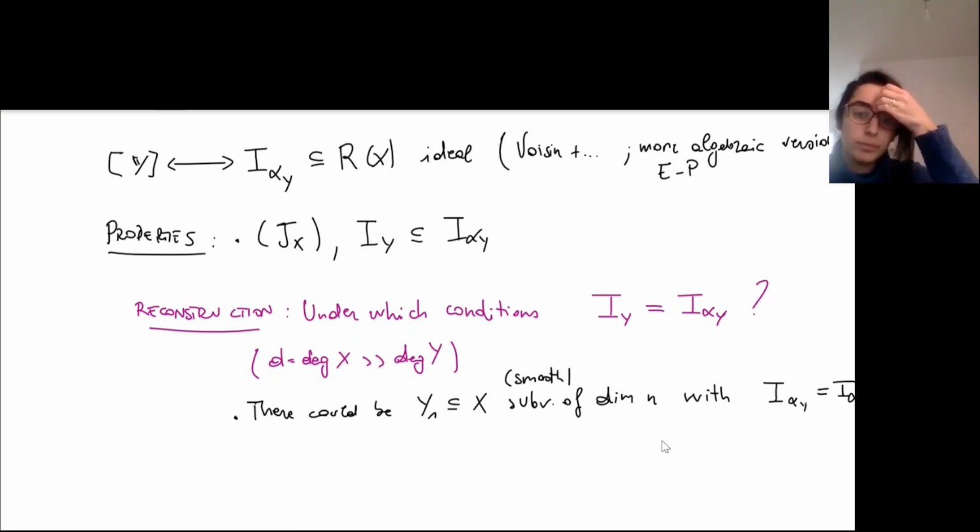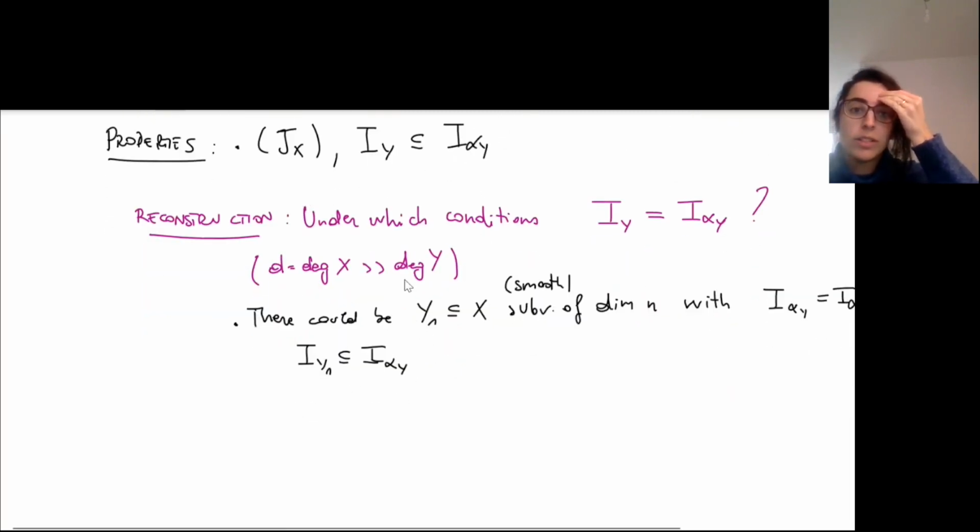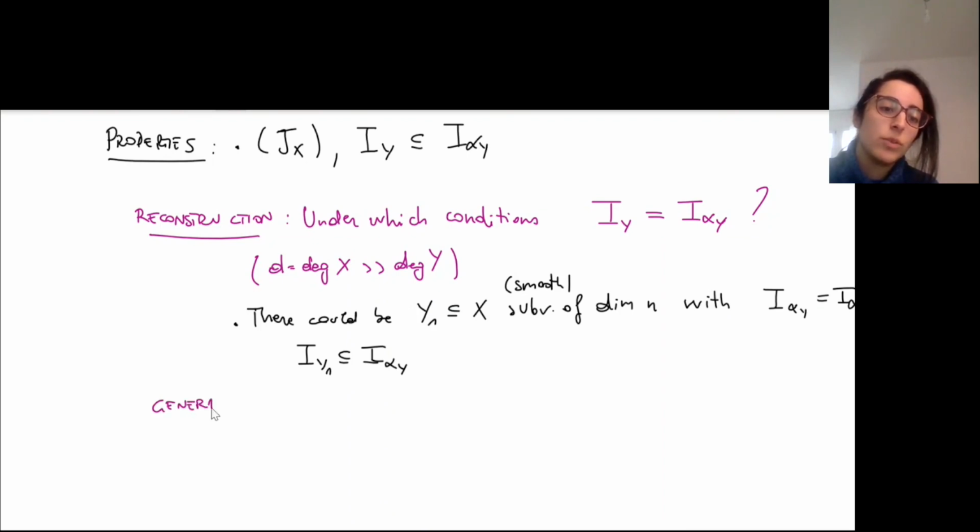So for sure, as we said before, also the defining equations of Y1 are contained in the ideal alpha Y. So hopefully, because this could not hold for the lower degree of the hypersurface, we can make a generalization of reconstruction.